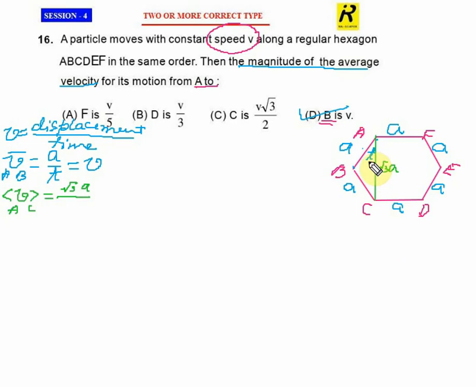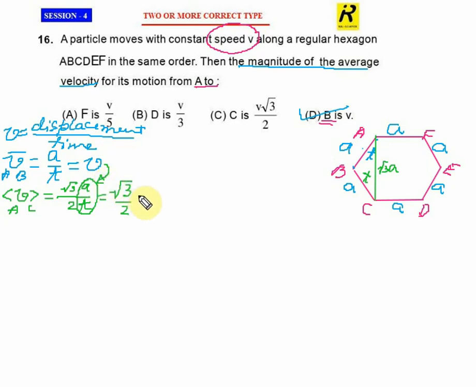So the time taken from here to here is T, and one more T I should write here. So total time taken is 2T. From here to here it is T, and here to here it is T in actual motion. So that is 2T. So what I got is root 3 into A divided by 2T. This is nothing but root 3 divided by 2, and A by T stands for v from here.